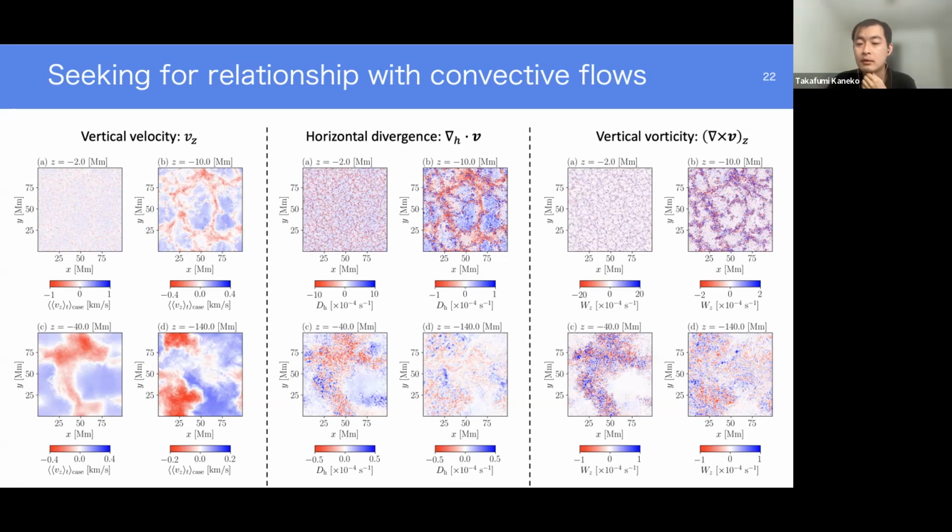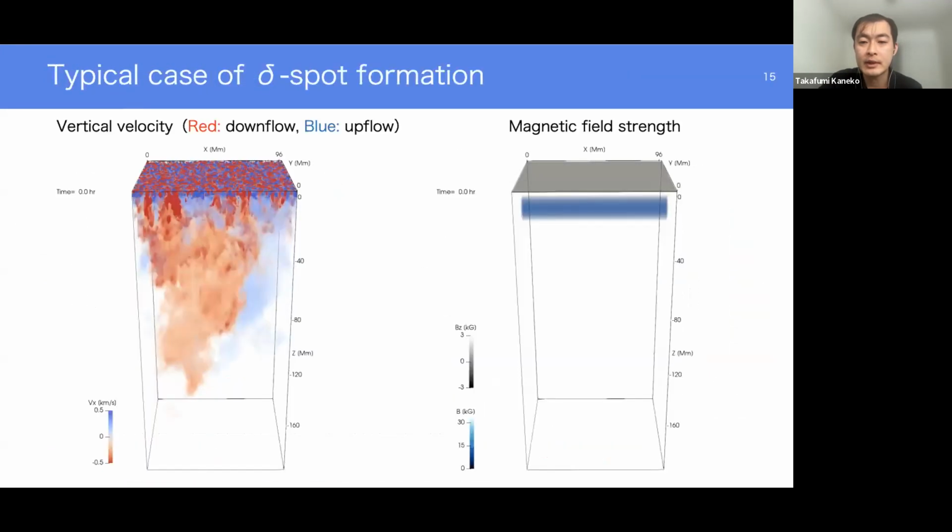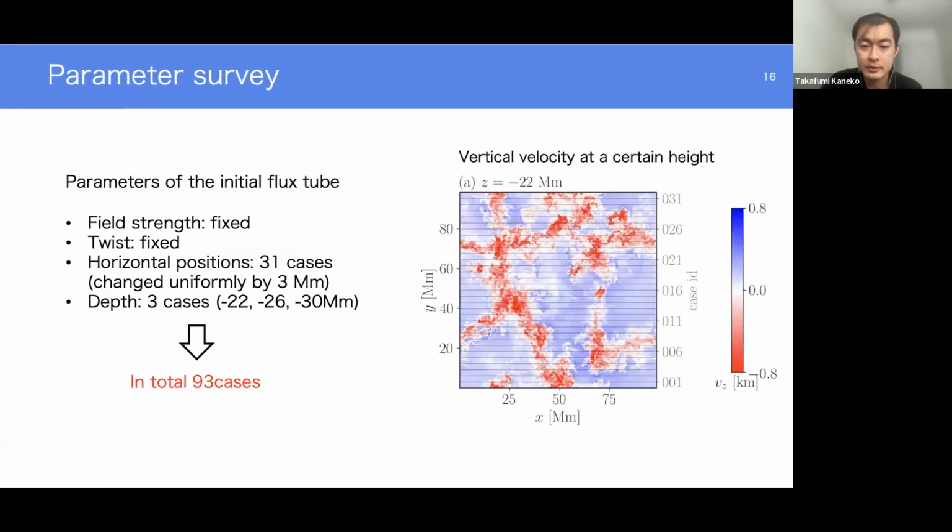I have one more question. I'm just trying to understand what's the role of the initial helicity you put in the flux tube. You said that some of that is converted into writhe. Yeah. So the convection itself doesn't twist the field. Is that what you're concluding? Yeah, I think the positive helicity was already installed from the initial state.